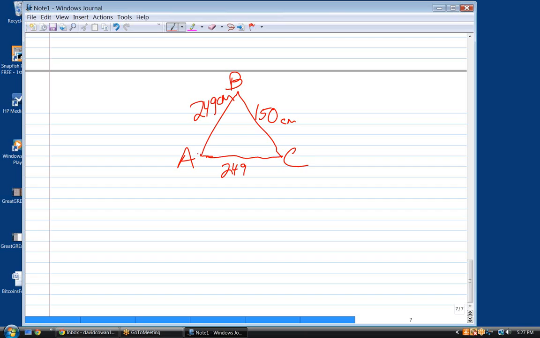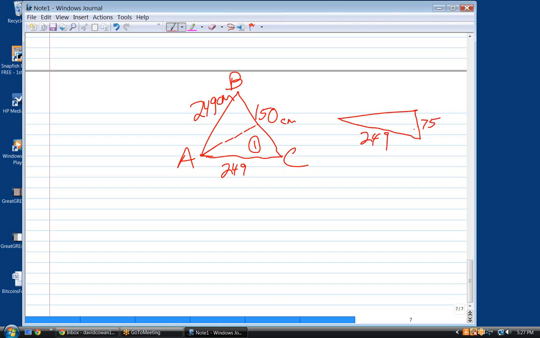In other words, if we drop a bisector here, we know that this triangle here, we'll call this triangle 1, has dimensions of 75 and 249.